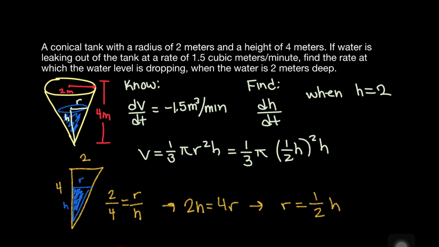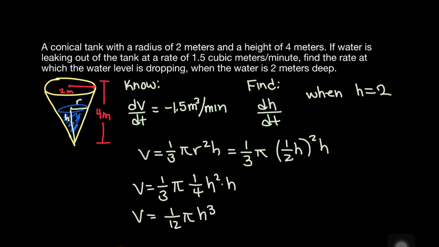And so what I'm going to do is go ahead and plug that into my volume equation. I'm going to replace this r with 1/2 h. So now I have my volume is 1/3 pi times (1/2 h) squared times h. We can go ahead and simplify that because 1/2 times 1/2 is a 4th, and then we've got an h squared.